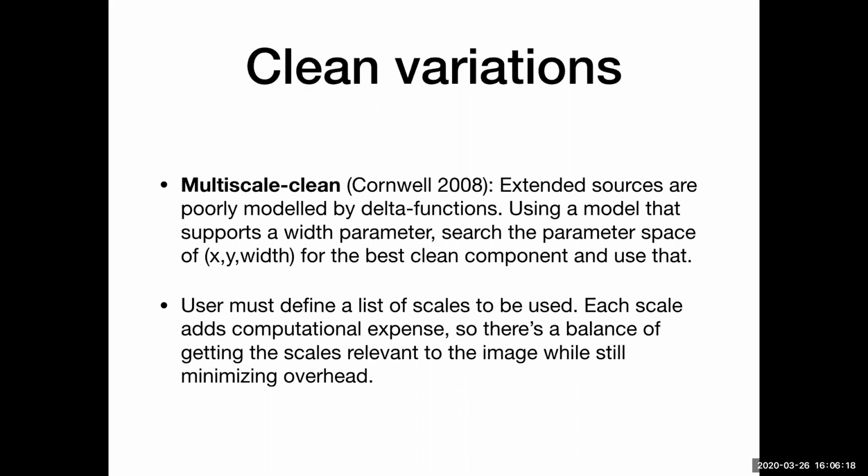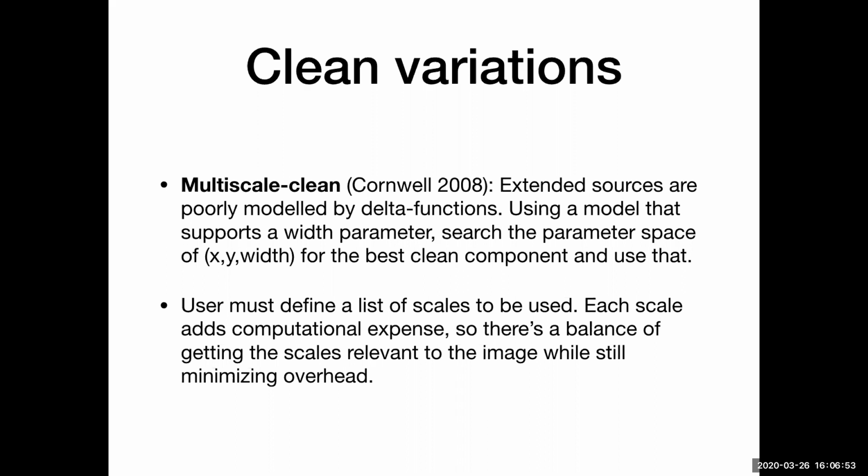And so instead what it does is it says, okay, let's consider a family of models that have some width parameter. So you can say, I'm looking for sources that have some shape, but they also have some width that can be adjusted. And so you end up with a parameter space of clean component models that involve the position in the image and this width parameter. And then as a function of those three parameters, you can have the flux density of a particular clean component.